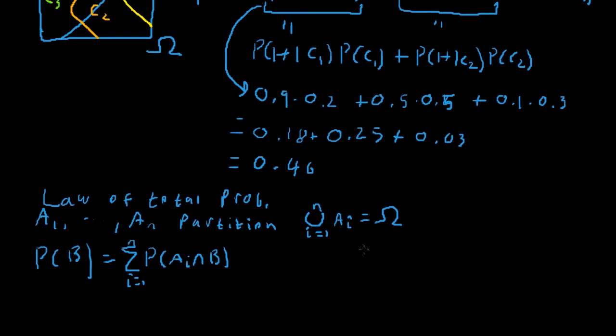One point to note is that maybe I have some Ai's and they don't all add up to the whole space, but as long as they cover B entirely, that's fine.